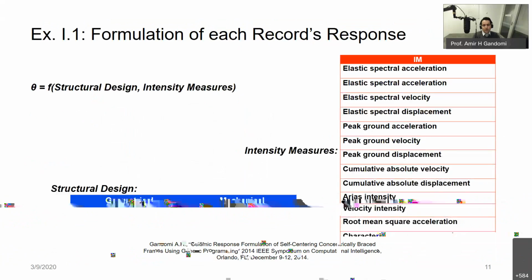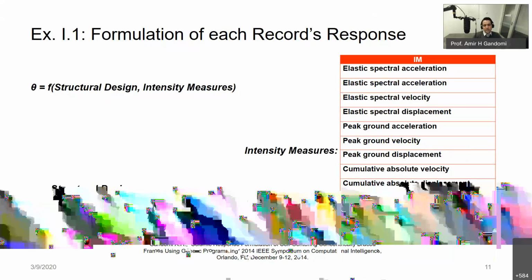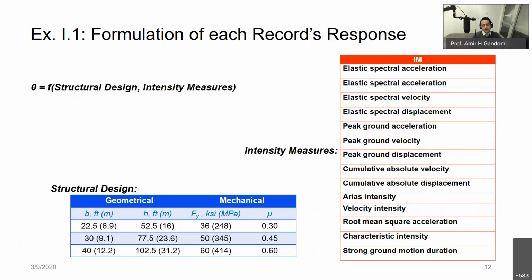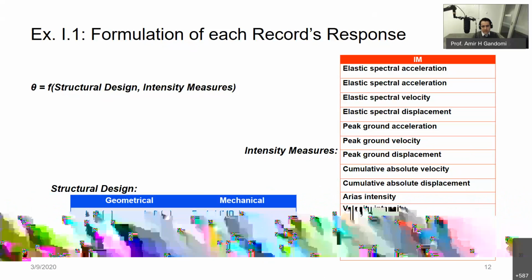So I should say for making predictions for this problem, we need some structural features such as geometrical or mechanical features of the system, and also some intensity measures of the earthquake. So I have listed 14 of them here, and I should say they are much more than this. It's more than 35 I've seen listed in one paper. Anyway, so these are our variables for this problem.